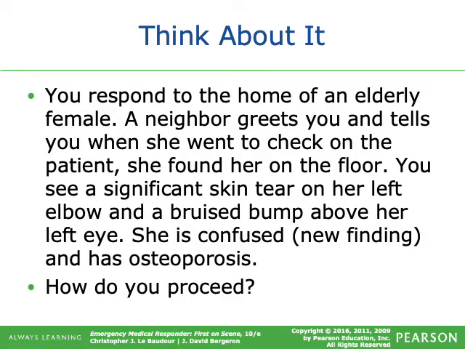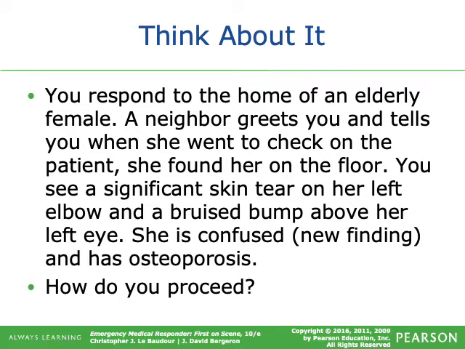All right, here's a scenario for you. You respond to the home of an elderly female. A neighbor greets you and tells you that she went to check on the patient. She found her on the floor. You see a significant skin tear to her left elbow and a bruised bump above her left eye. She is confused, which is a new finding, and she has osteoporosis. How do you proceed?